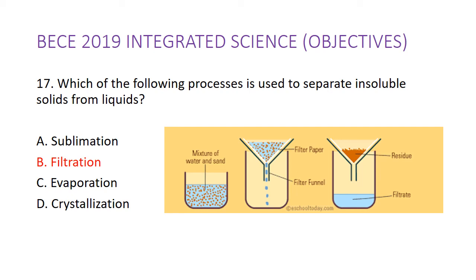For example, you have a mixture of water and sand. The sand is insoluble and does not dissolve in the liquid, so you put a filter paper there, and it will just separate like that.